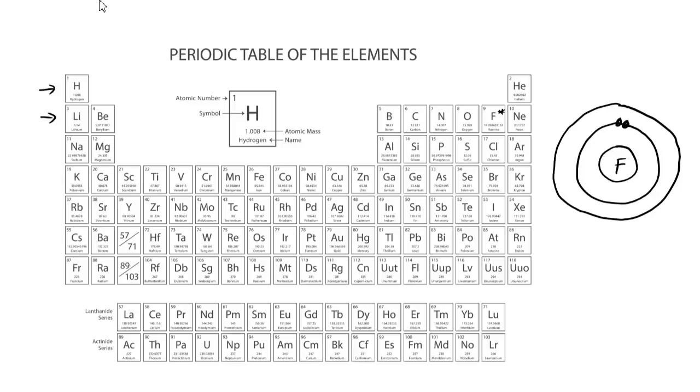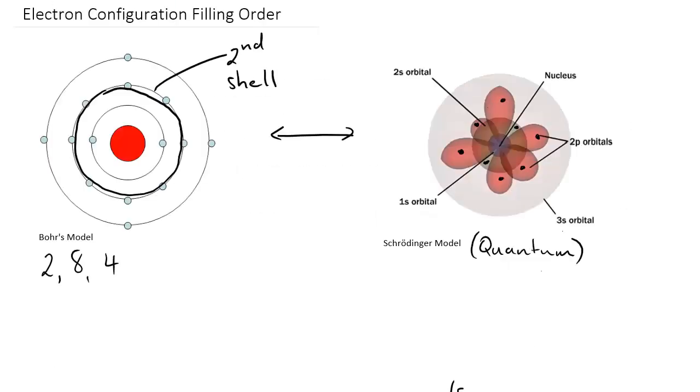Now, in Schrodinger's model, that first period here is referred to as 1s. And the reason it's 1s is S stands for spherical, and I did show you just a moment ago how the sphere looks around an atom, the 1s subshell.